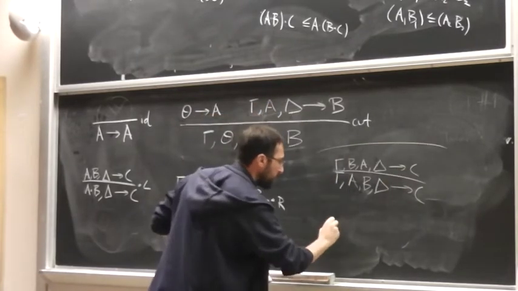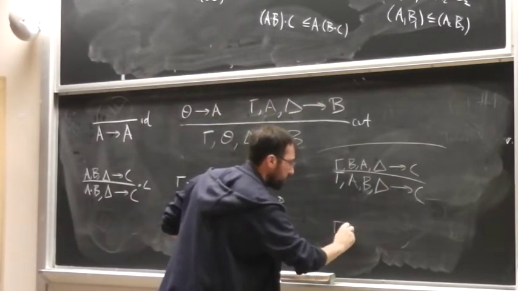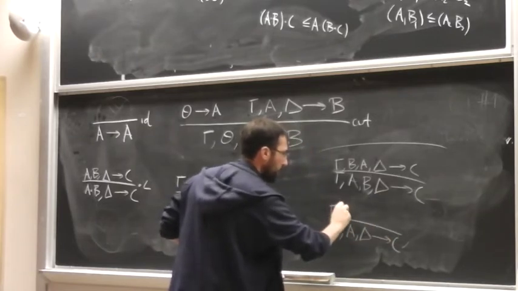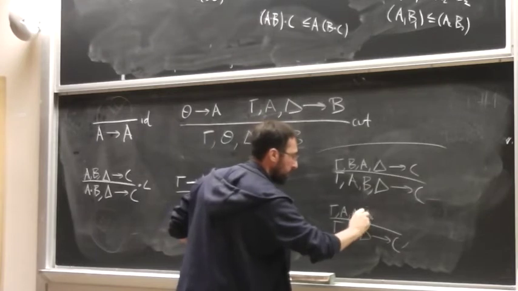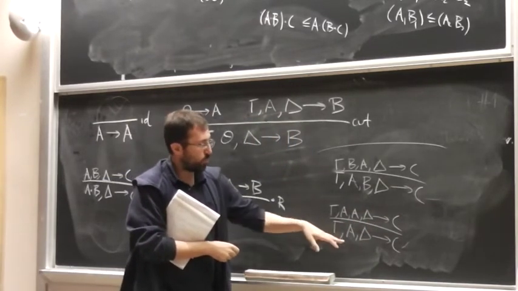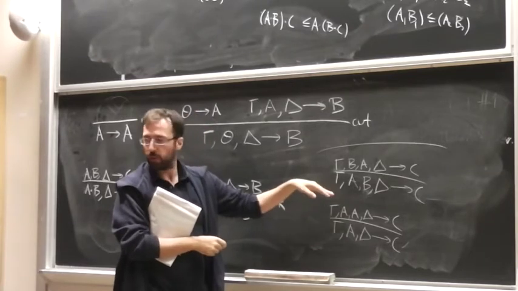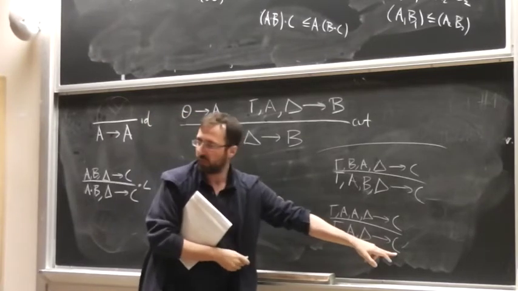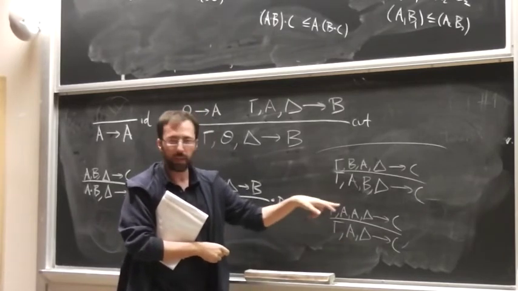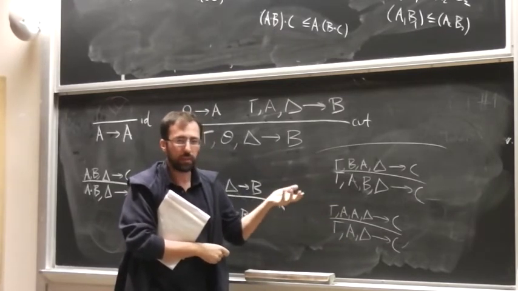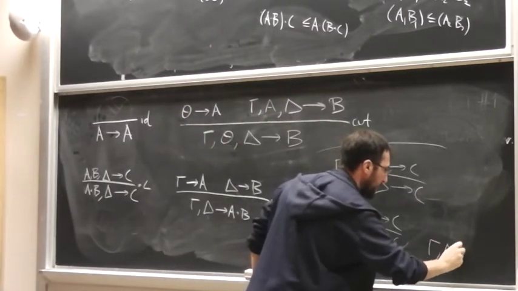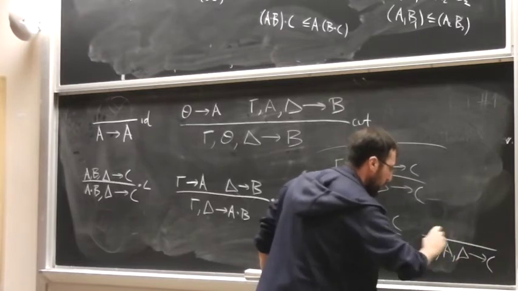He also had a rule that looked like this. It says that if you read it from bottom to top, to prove C with some hypotheses gamma, A, and delta, I can duplicate the hypothesis A. So I can reuse the hypothesis as much as I want, or alternatively, I can throw it away.